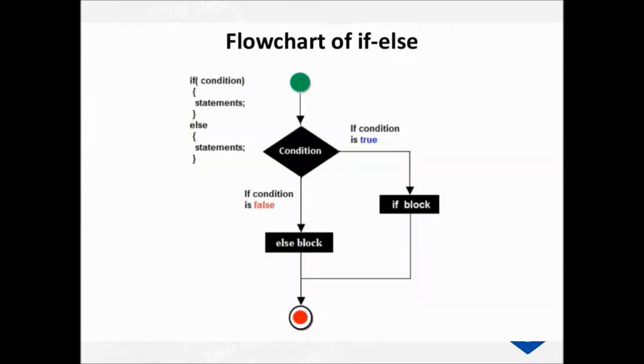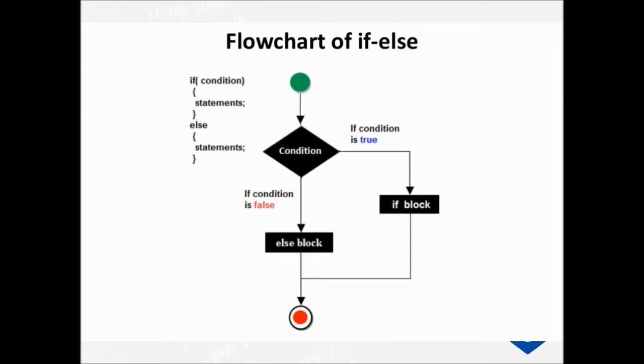Here is our flow chart. On the left side we have the if condition, then the statement of if, then we write else, and under else we write the statements of else. This flowchart shows us that first the condition under the if statement is checked.